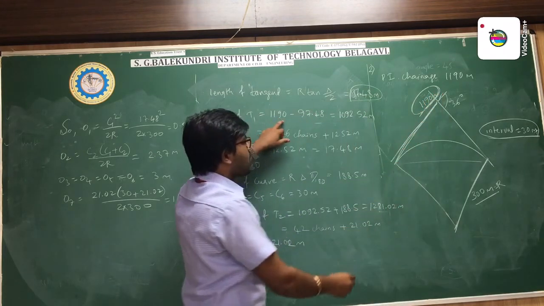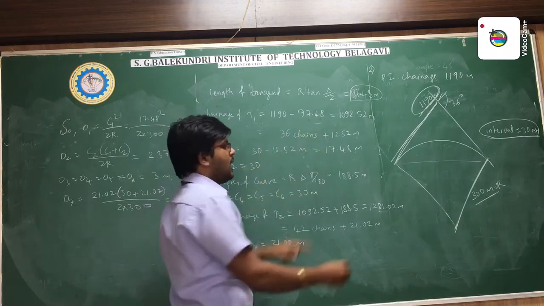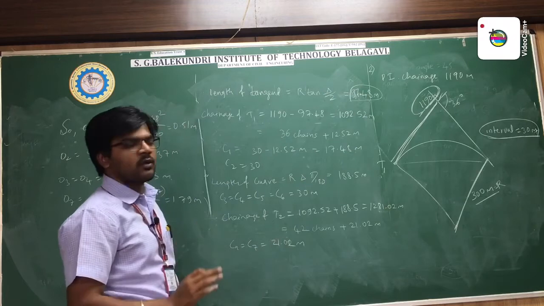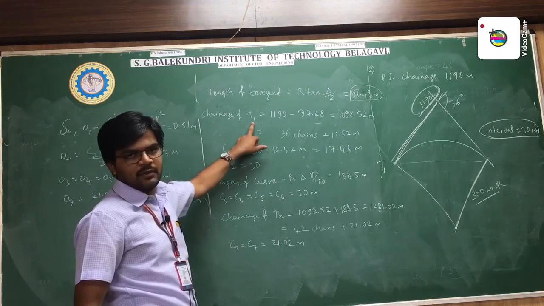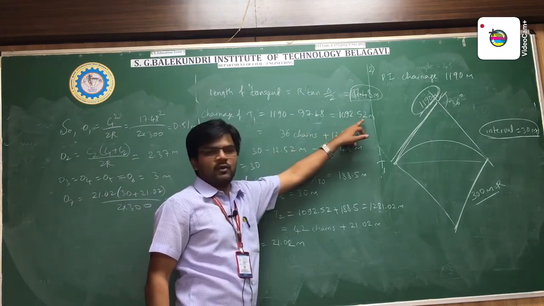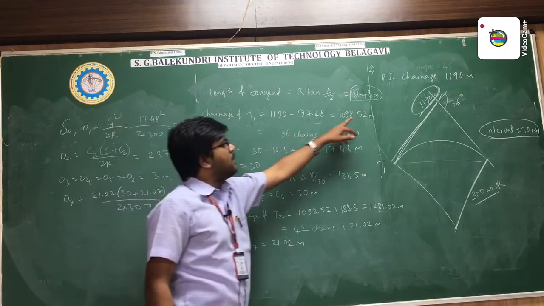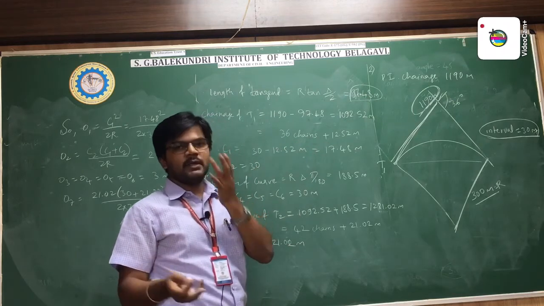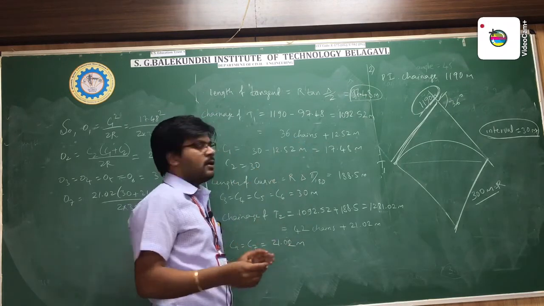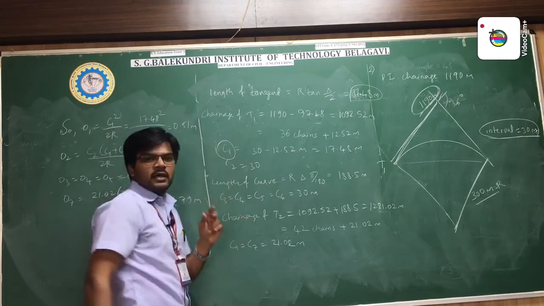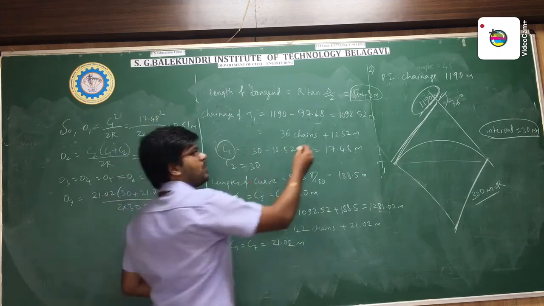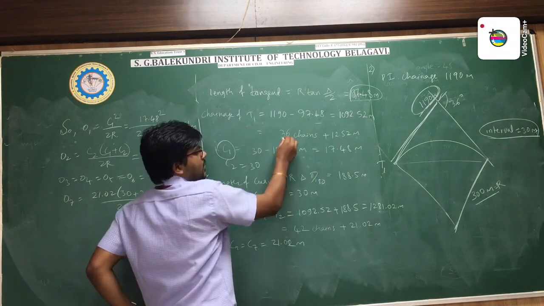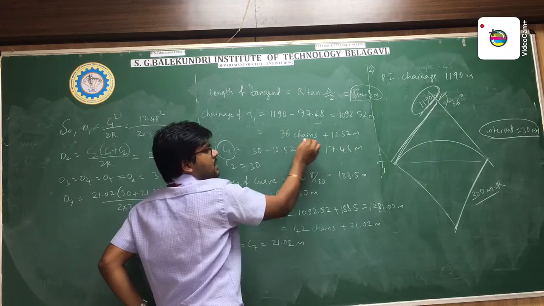1190 minus 97.48, I will reach T1. That is the chainage of curvature, or chainage of T1: 1092.52 meter. This can be written in terms of chain and meters, so that I can calculate the initial chord. 1092.52 divided by the 30 meter chain gives 36 point something.